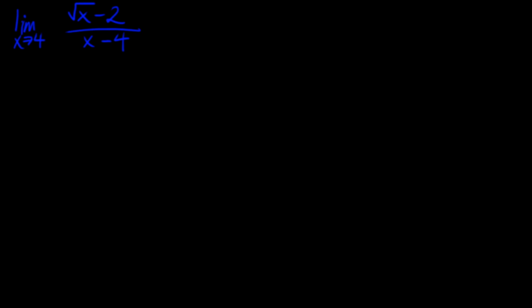Well, hopefully you guys thought about it, and we can tell that it's 0 over 0, right? It's very self-explanatory. So now, just to write the indeterminate form of 0 over 0: the limit as x approaches 4 of the square root of x minus 2 equals the square root of 4 minus 2, which equals 0, right?